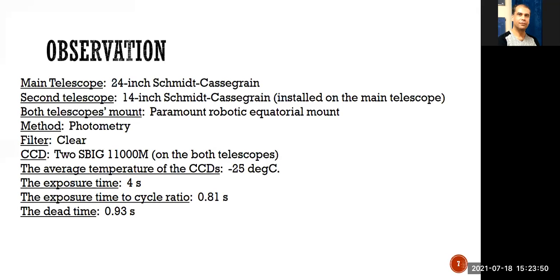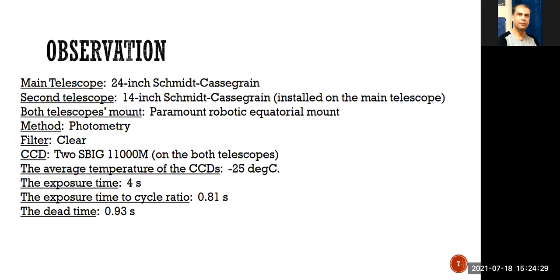Okay, we have two telescopes. The main telescope is a 24-inch Schmidt-Cassegrain. The second one is a 14-inch Schmidt-Cassegrain Celestron telescope installed on the main telescope. Both telescopes are on a robotic mount. It's a very good robotic mount. As I said, we used photometry for our method, and the filter was clear, no filter.